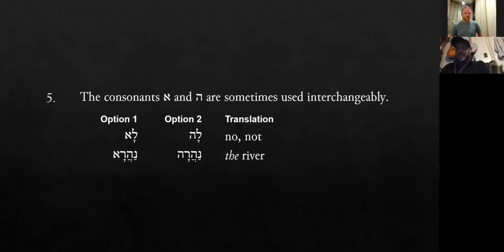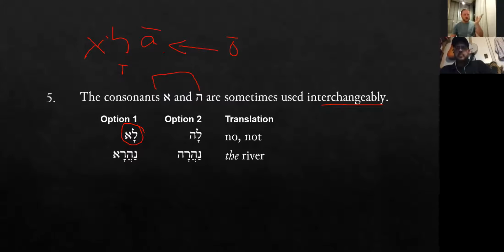So. Number 5 is the consonants aleph and hey that are sometimes used interchangeably. We like to think that the word no or not is spelled like this because in Hebrew that's lo, right? In Aramaic it's la because the O from Hebrew to Aramaic goes to ah.